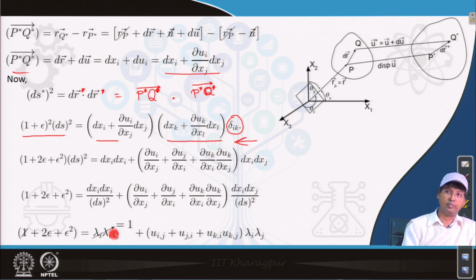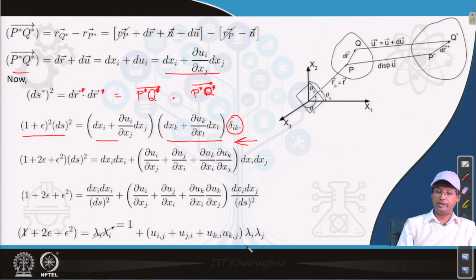The multiplication of this is something like cos square theta plus cos square alpha plus cos square beta, which is equal to 1. So, following that for the 3 dimensional case, we have the direction coefficients. This and this cancel out, and the remaining term is twice epsilon plus epsilon square is equal to this term.